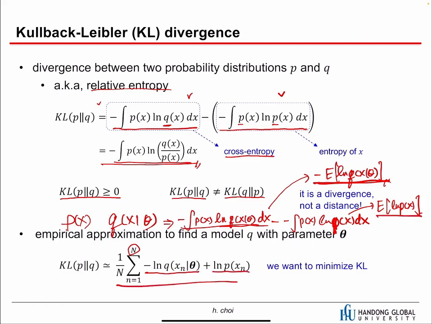So this is an approximation of the KL divergence between P and Q. And if we want to minimize this KL divergence, then we update this theta. That's how we learn some objective function.